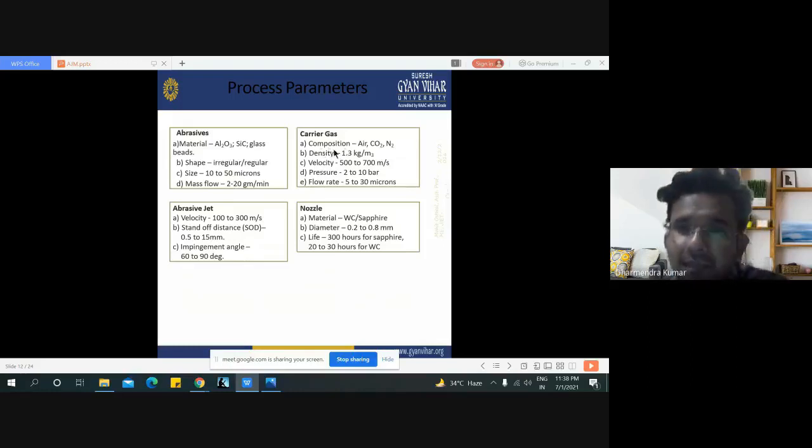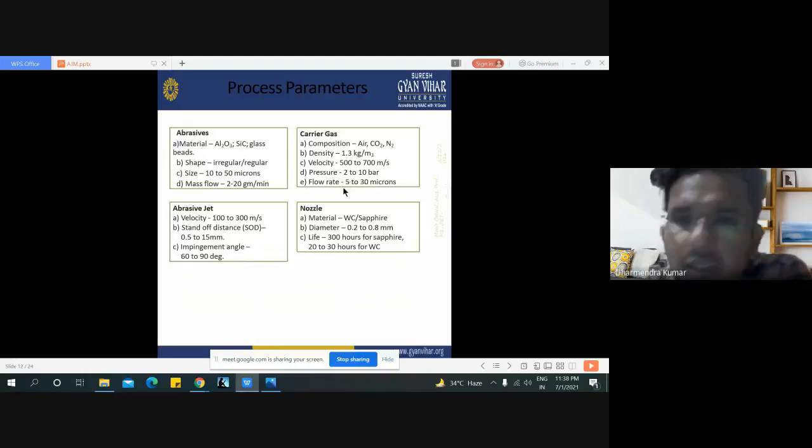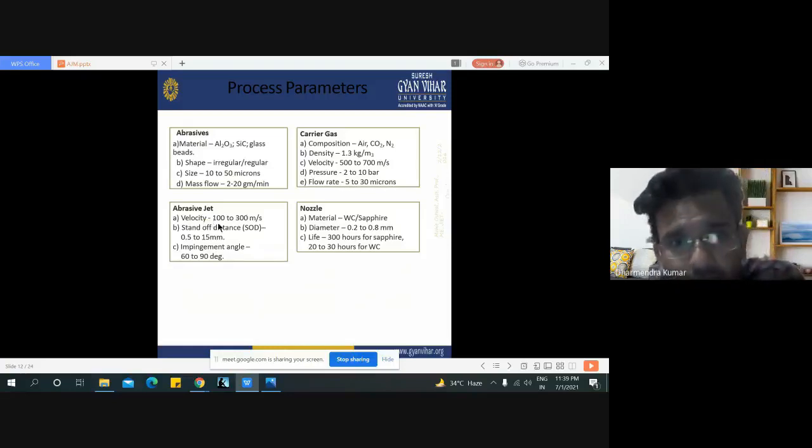Now the carrier gas composition: air, carbon dioxide, or nitrogen. Density of these above gases is 1.3 kg per meter cube. Velocity 500 to 700 meter per second. Pressure 2 to 10 bar, and the flow rate of this gas is 5 to 30 microns.